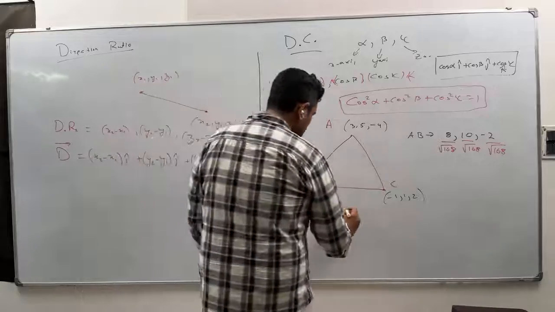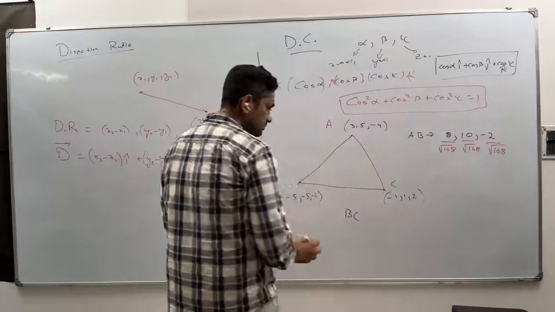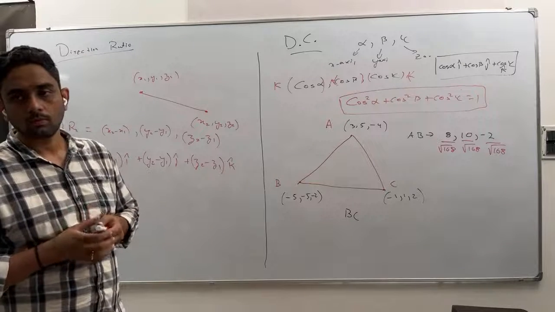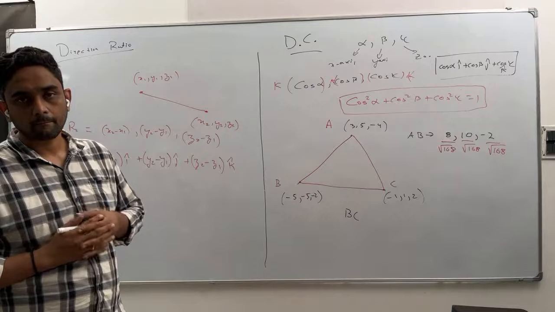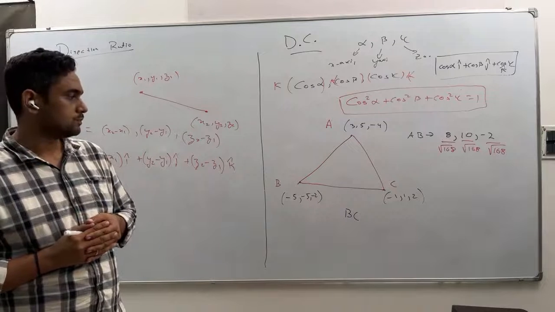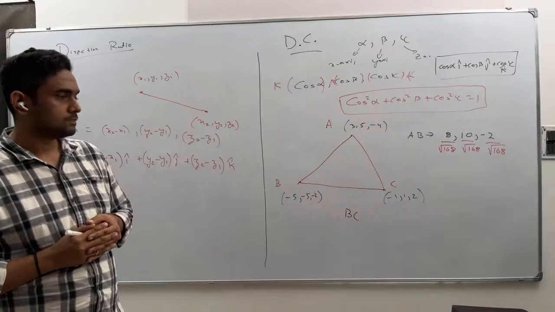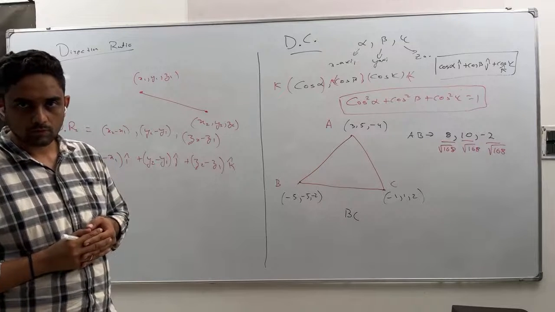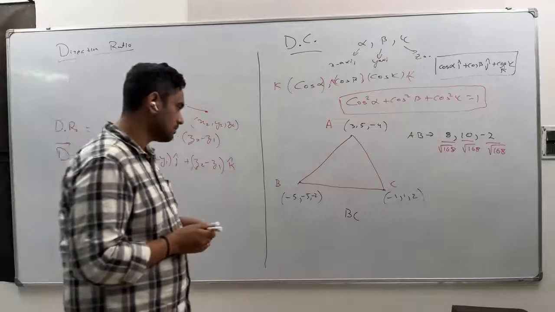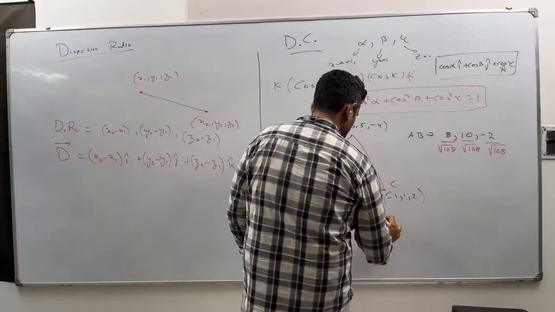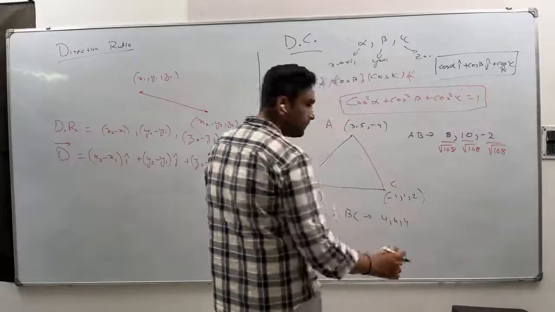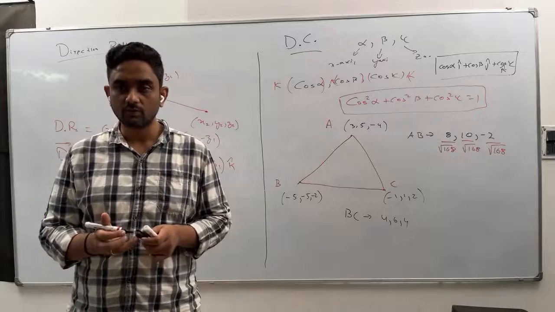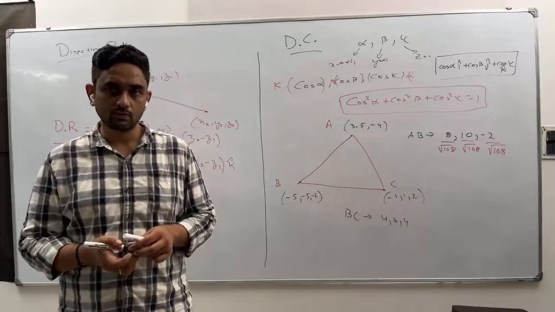Next we'll find it for BC. For BC, Murugasan, what will be the direction ratios? Okay, 4, 6, 4. Now you could have also said minus 4, minus 6, minus 4. That is also correct, but always prefer taking positive ones, more positives.